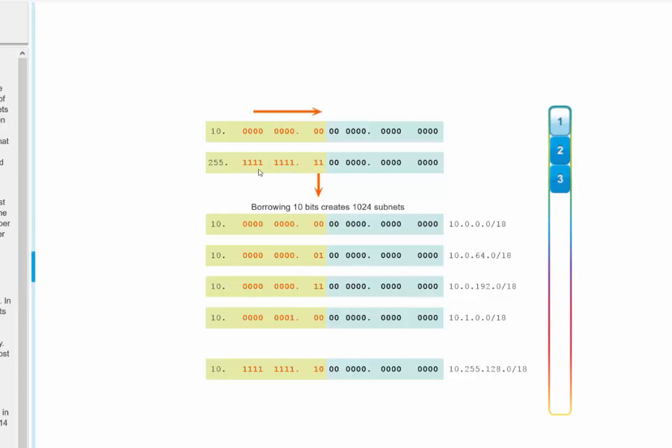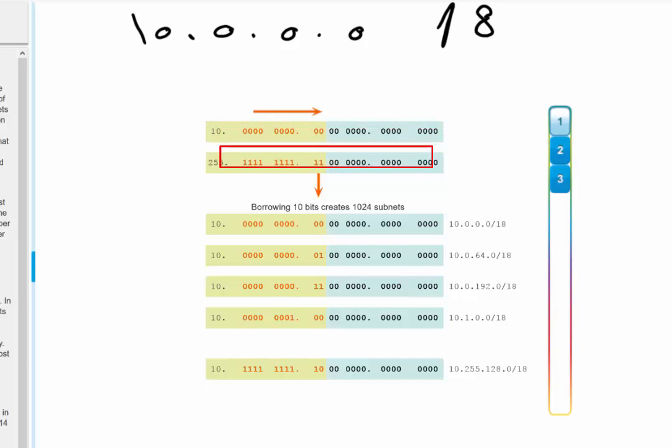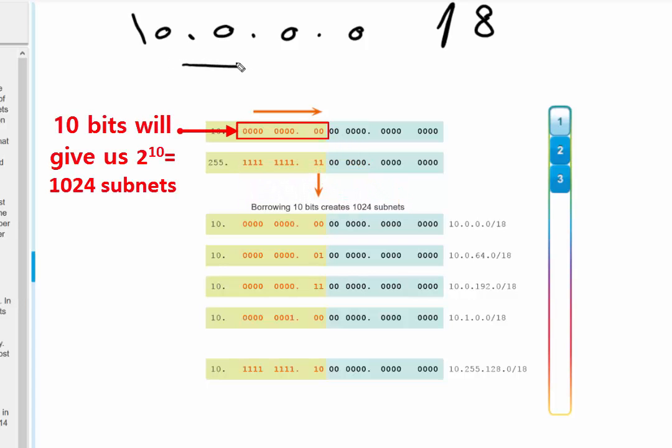This example here shows another range of private IP addresses. In that case, it's actually 10.0.0.0/8. So if we need 1024 different subnets, in that case we need to borrow from the host portion, we need to borrow 10 different bits.